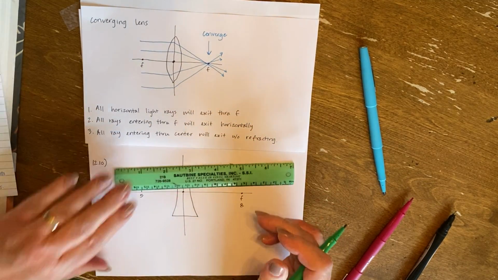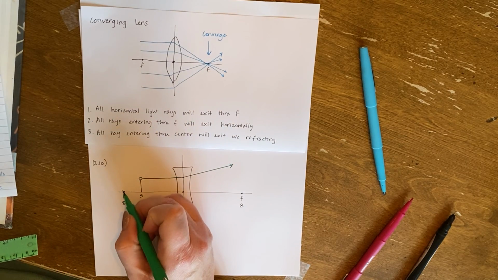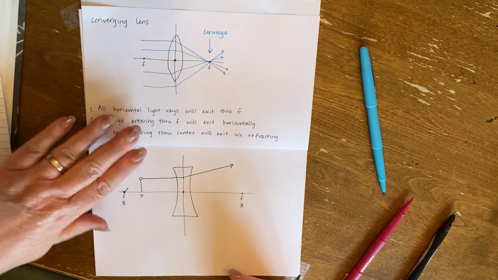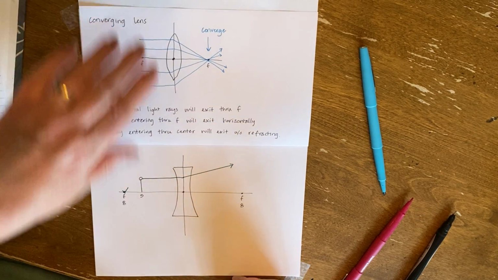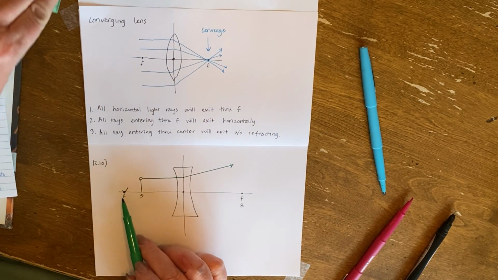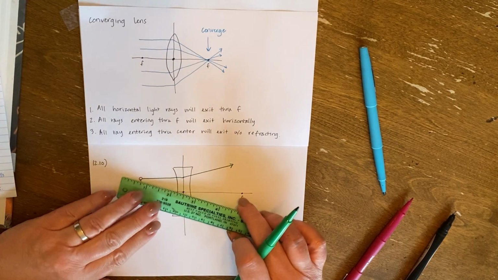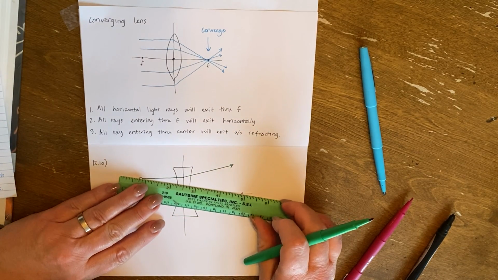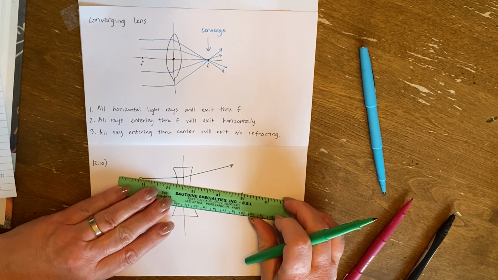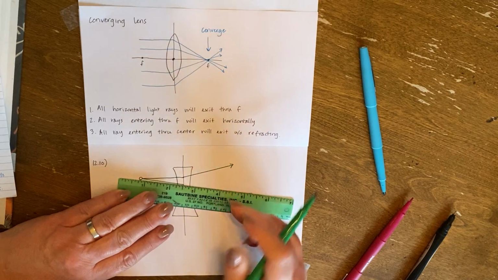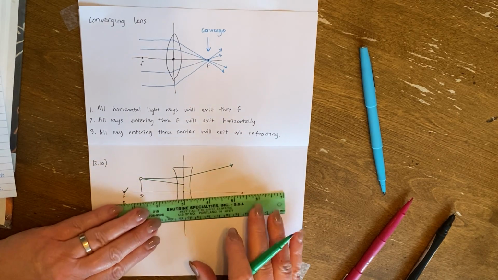Okay, so we've used this focal point already. Put a check on there. Then all rays entering through F. So we've already used this focal point, so let's use this focal point. All rays entering through F, like so, will then become horizontal.